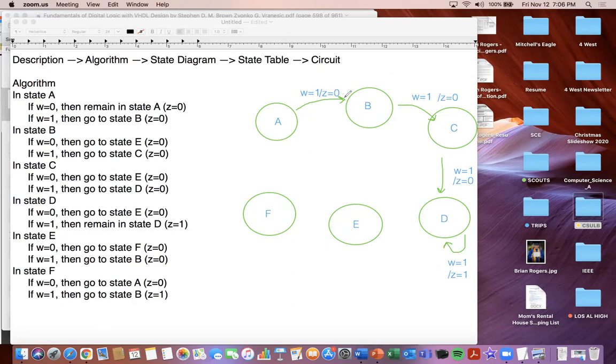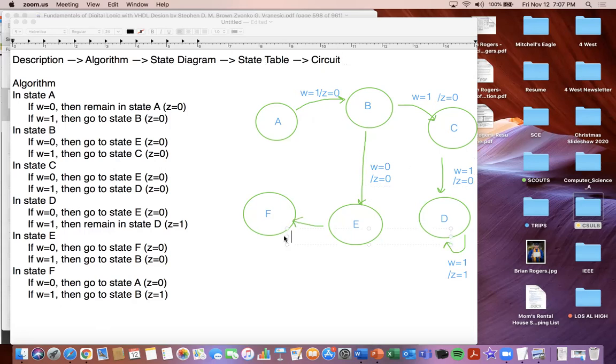So we have the 1 here, then we get a 0. So if we get a 0, then we're going to go to state E here. So this would be the 1, 0. Z is equal to 0. So 1, 0, and then 0 again.